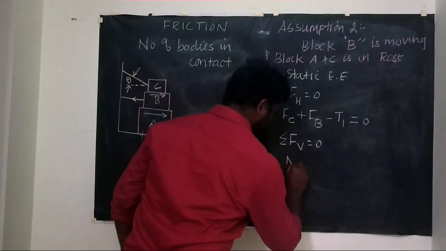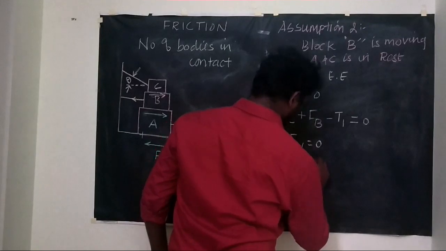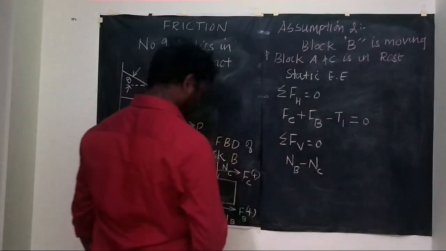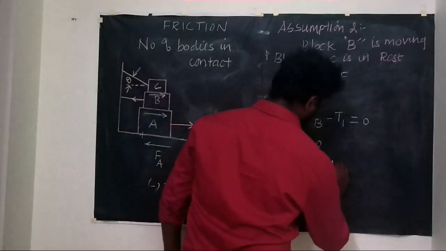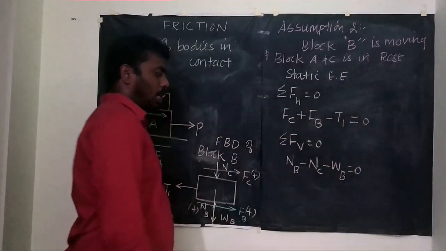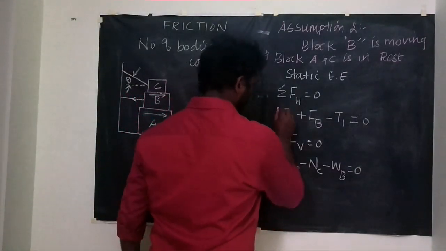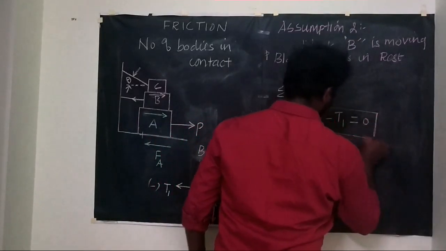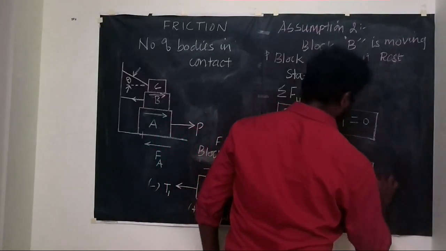So N suffix B minus N suffix C, and the self weight comes in downward direction, taken as negative, minus W B equals 0. This is my required equation. From this equation I can calculate the unknown value. So make one box. This is my required equation, and this is also my required equation.